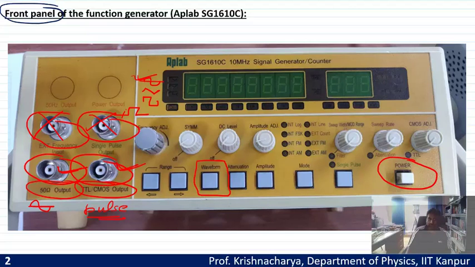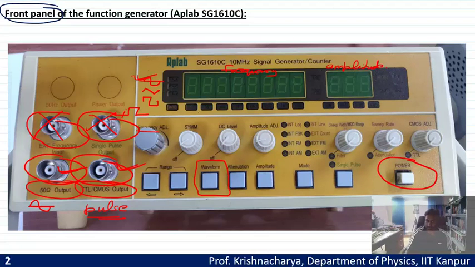Now this knob is the frequency knob, so changing it will increase or decrease the frequency, and this knob rotates continuously. This is the display for the frequency. You will read frequency over here and amplitude in this panel of 7-segment displays.